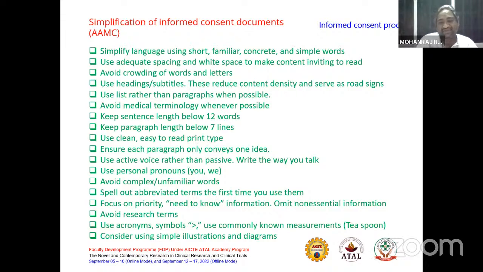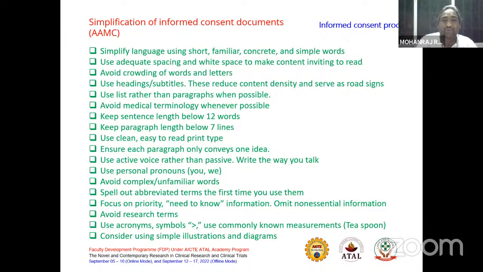Don't write sentences of more than 12 words. Whenever you write a paragraph, keep it very concise, not exceeding 7 lines, each line not more than 12 words. And whatever you print must be easy to read.